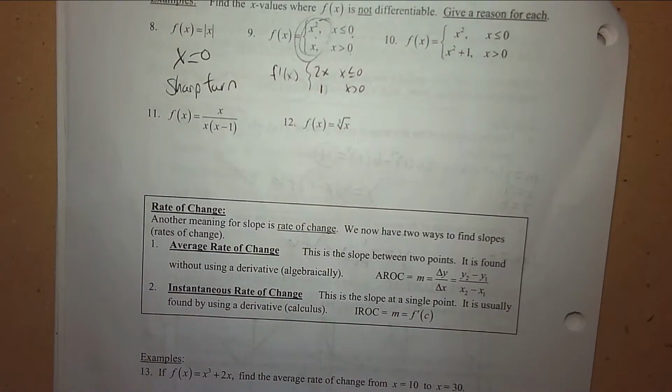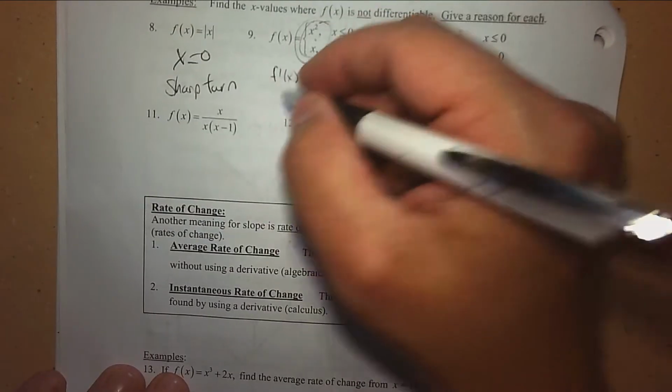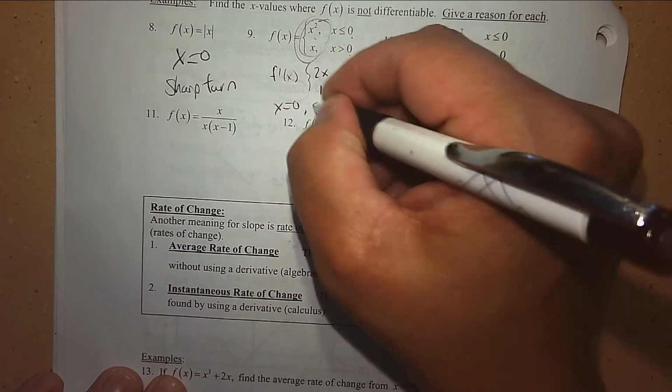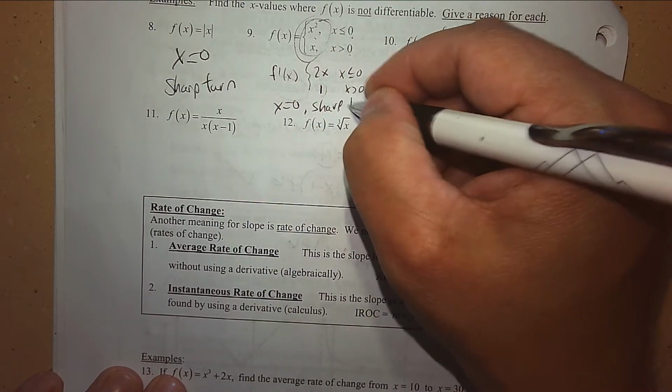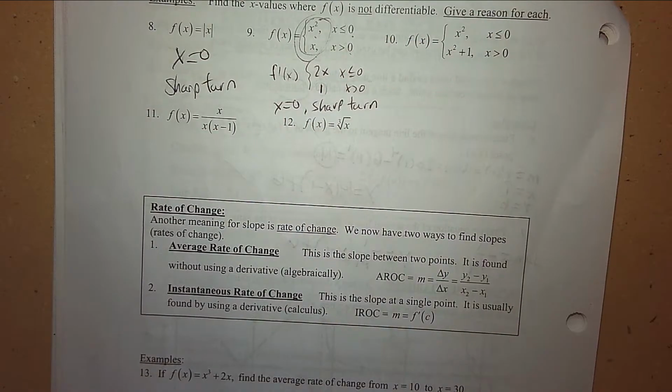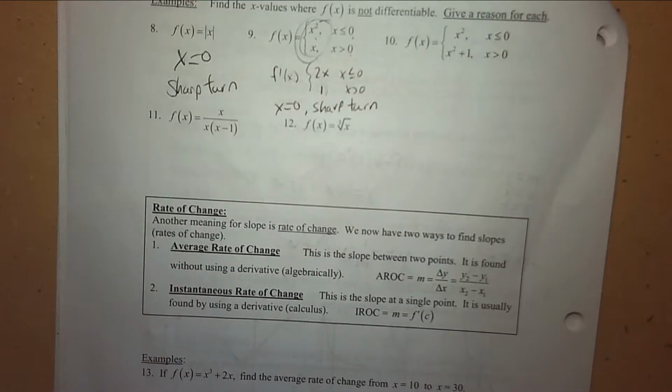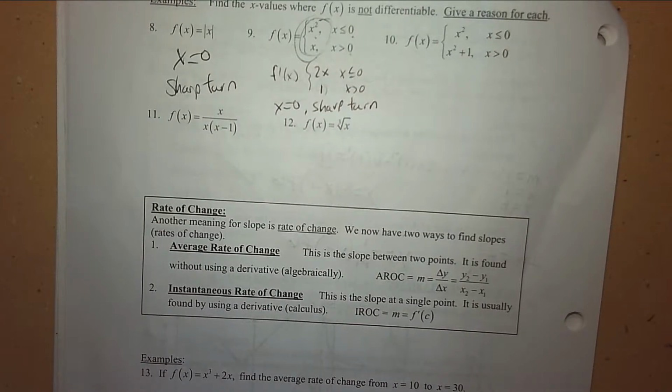It's continuous. But what's wrong when x equals 0? What happens? Again, there's a sharp turn or there's a cusp, right? Because half of it is a line and the other half is a parabola. And where they meet, there's no derivative. Because they have two different slopes at the same time. One on the right, one on the left.